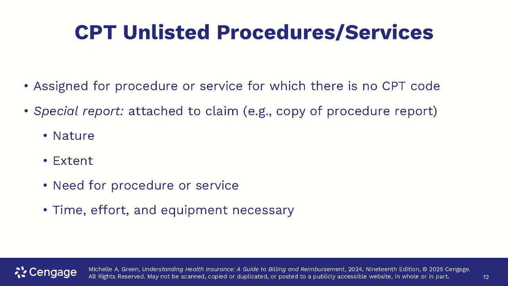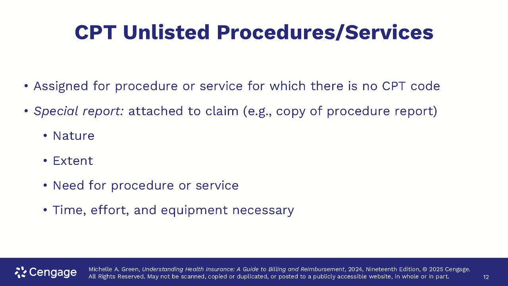The CPT code set does have a set of unlisted procedure and service codes, and these are assigned when your provider performs a procedure or service, but there is no listed code. But here's the catch: whenever you report an unlisted code, we must include what CPT calls a special report, which is basically the report that documents the service.